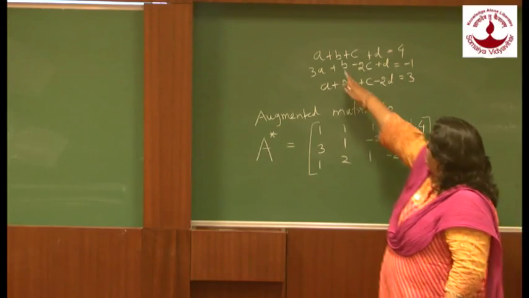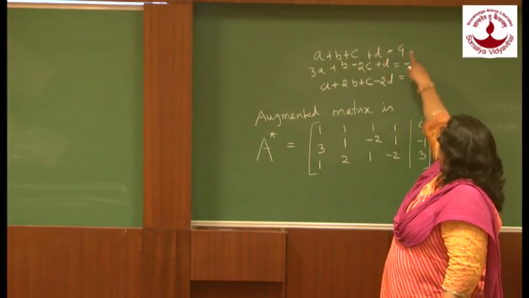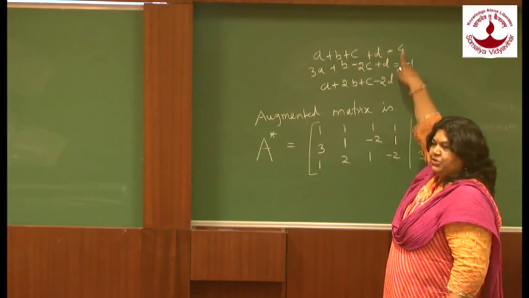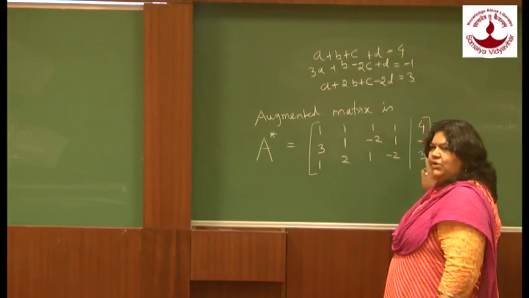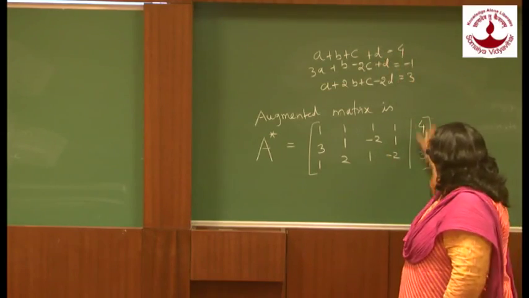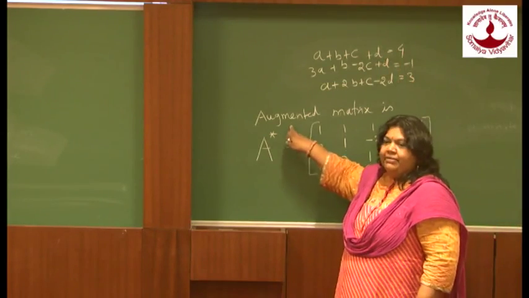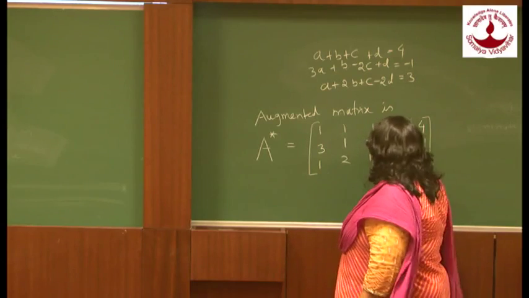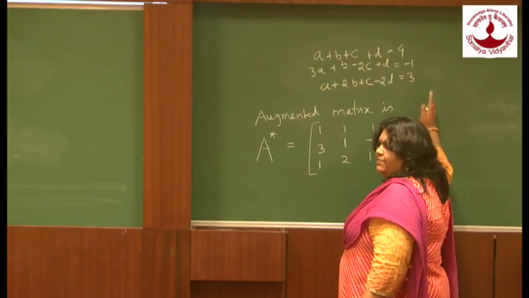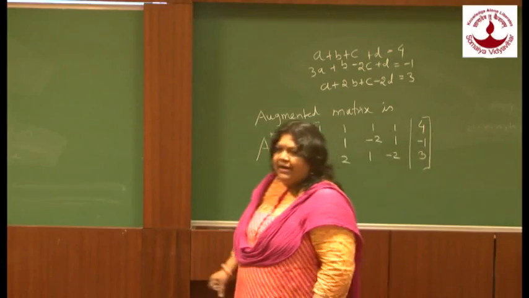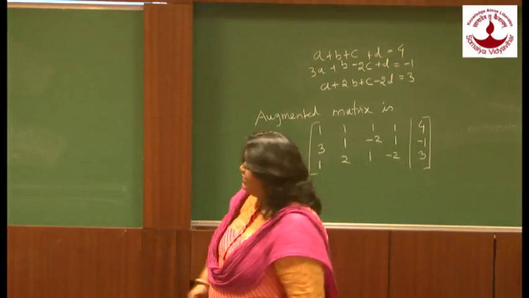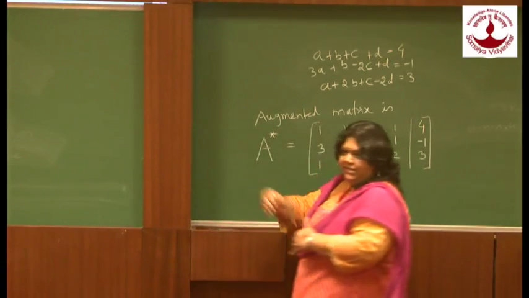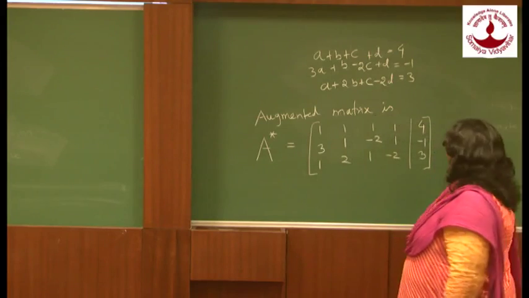Because whenever you multiply this equation by, say, 5, this will also get multiplied by 5. So we consider this also as a part of our matrix, and due to this we call it the augmented matrix. The coefficient matrix is only this much. It is because of the last column that this is called the augmented matrix. Okay? Augmented means enhanced, increased, extended.